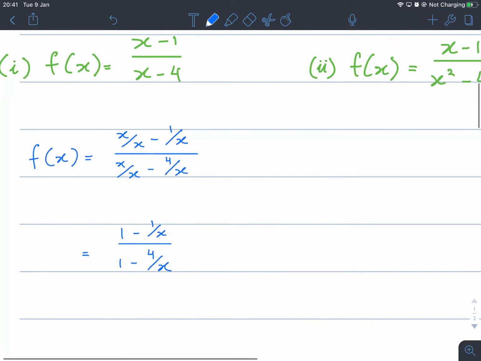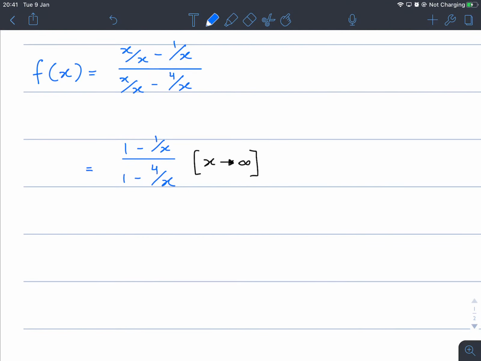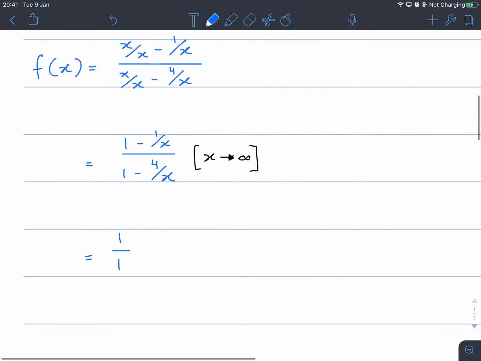And now at this point, we're going to let x approach infinity. Alright, and let's take a look at the behavior of what will happen. Well, 1 and 1 stay the same. Now, if 1 is divided by a very large number, isn't that essentially going to be minus 0?